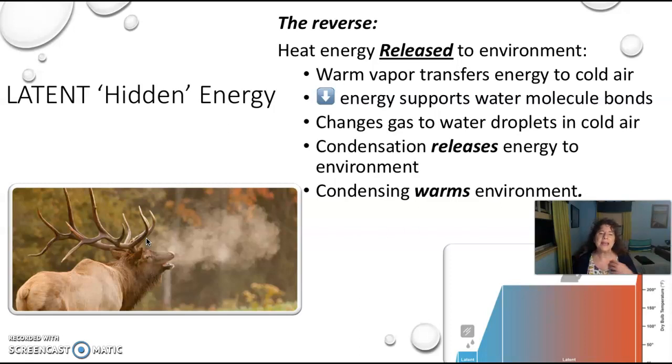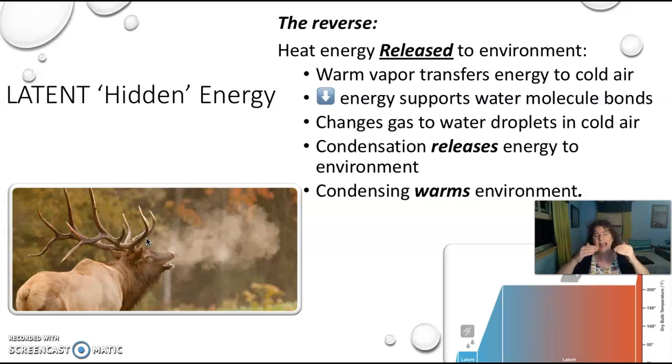So heat energy is released to the environment from the warm breath of the moose. The warm vapor transfers its energy to the colder air. The warm vapor has lost some of its energy, and now it doesn't have as much energy to keep that water vapor spread out. Those bonds are starting to bond back into water.